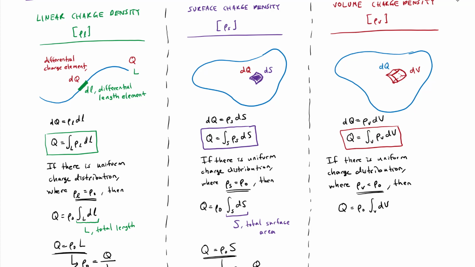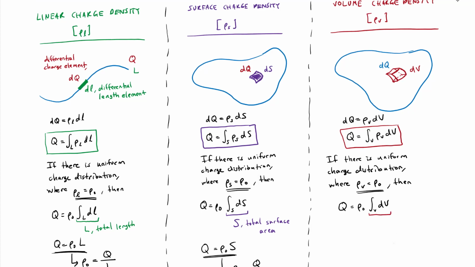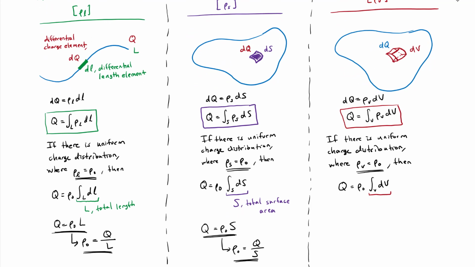But we all know that if we just integrate with respect to volume across the entire volume, it's just V, the total volume. So that means we can simplify this and write this as Q equals rho naught V. And of course, if you're not given rho naught, but you're given the total charge and the total volume, then rho naught is simply equal to the total charge divided by the total volume.